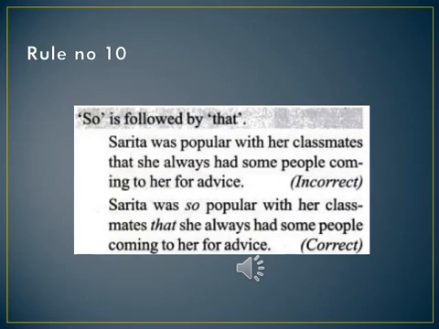Sarita was popular with her classmates that she always had some people coming to her for advice. Sarita was so popular with her classmates that she always had some people coming to her for advice. Have you understood? With so, you have to use that.